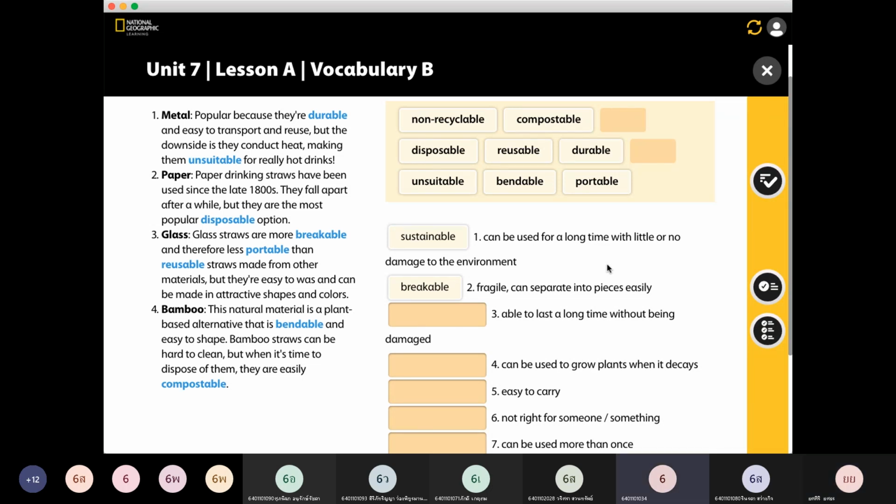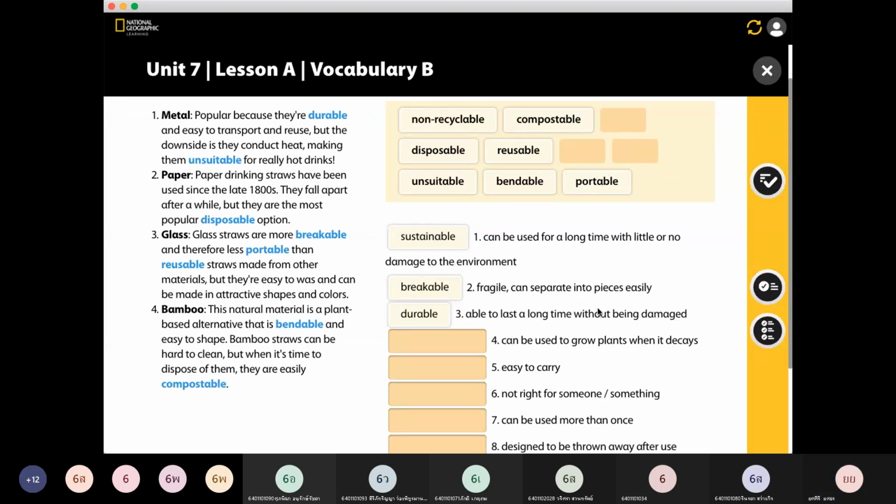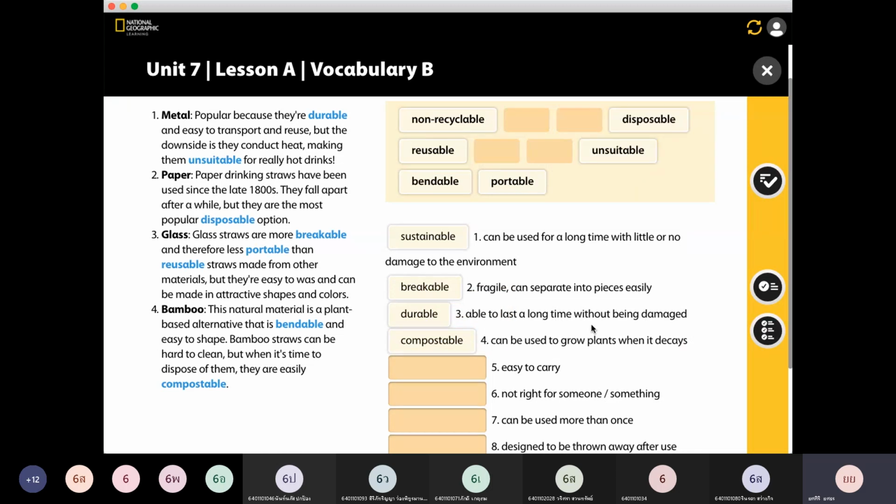Number three, durable. Number four, compostable. Number five, portable.